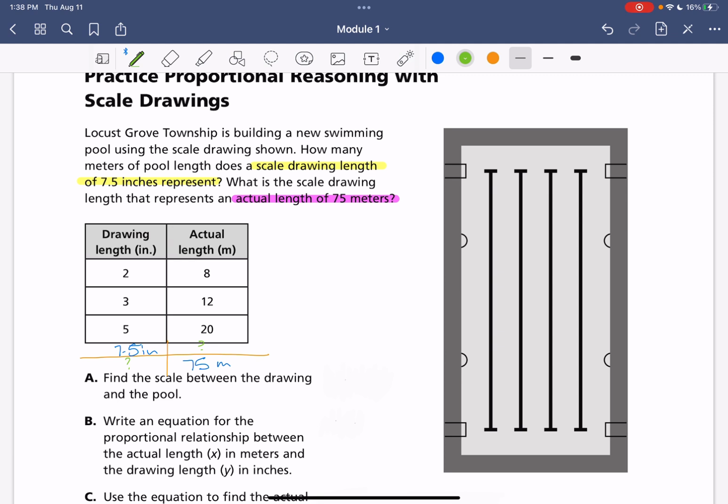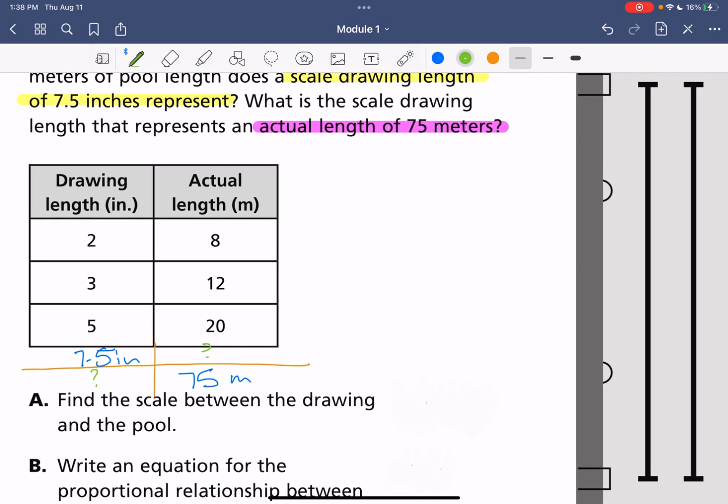So first we need to find the scale between the drawing and the pool. So we're essentially finding our k here. So we're going to take our table here and we're doing 2 to 8, 3 to 12, 5 to 20.